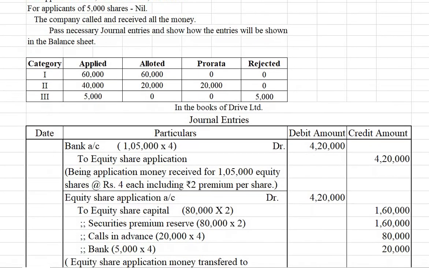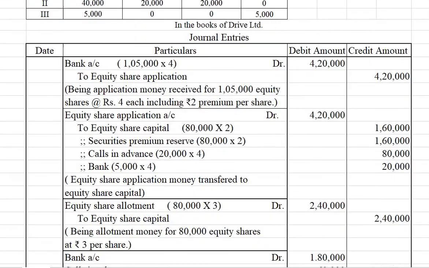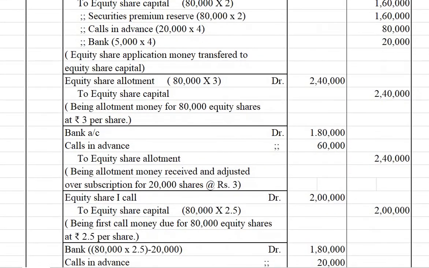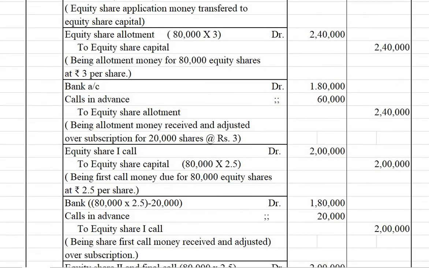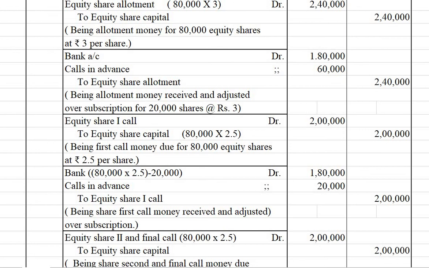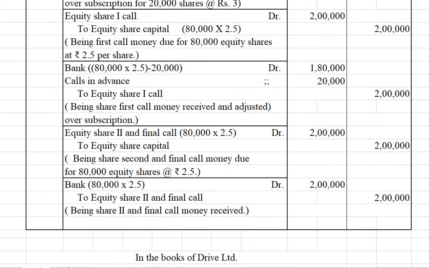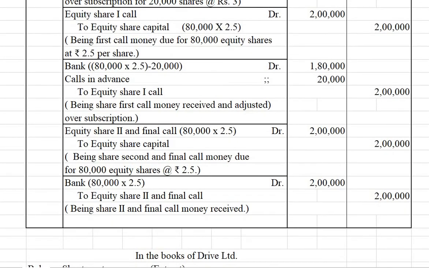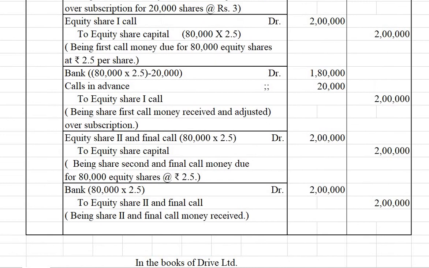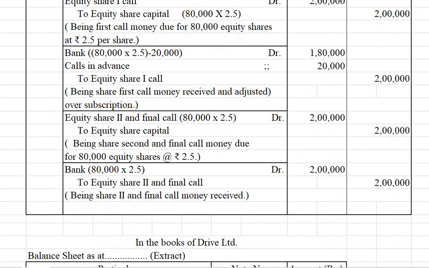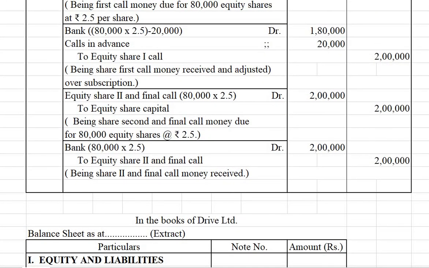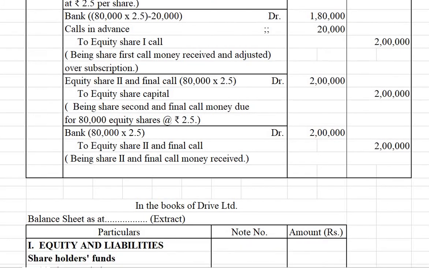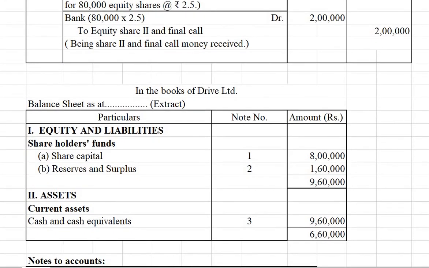You can check it once again and make it cemented in your mind how to prepare the journal entries, the balance sheet, and how to make a statement or working note regarding the treatment of this oversubscription. Okay, I hope all of you understood this. Thank you.